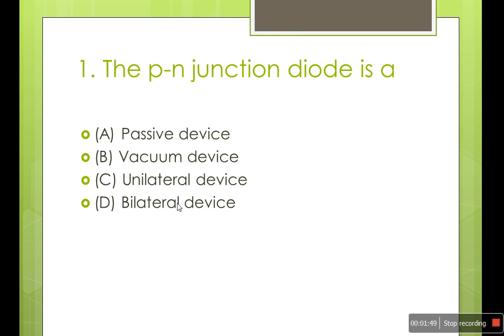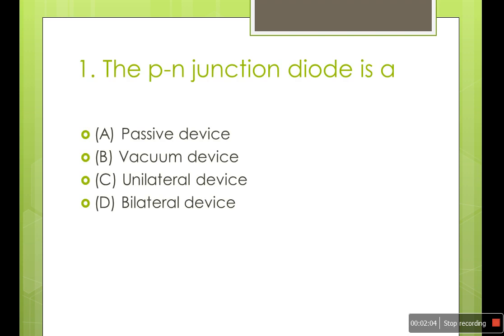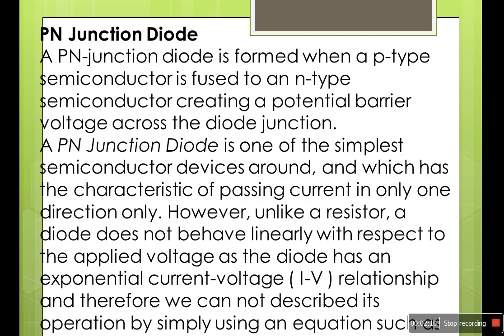The bilateral devices allow current flow in both directions. So here comes the answer: unilateral device, because the PN junction diode allows the current only in one direction.